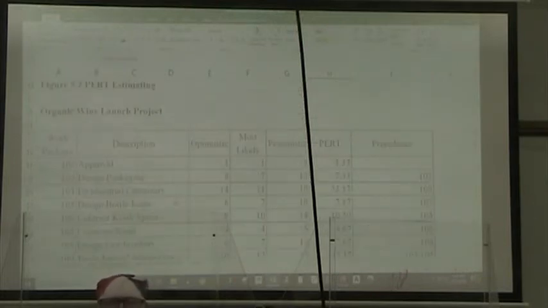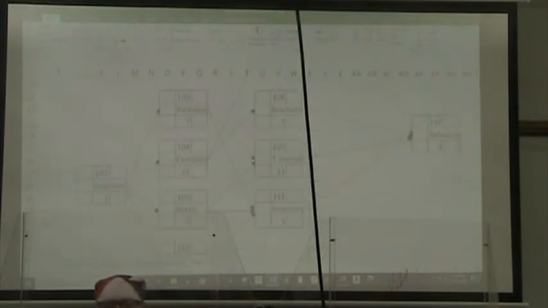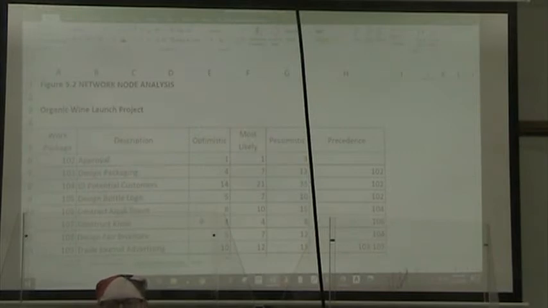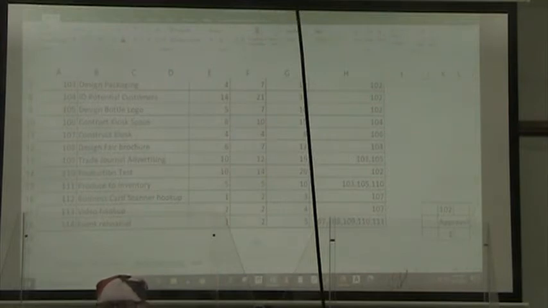All right, so having done that, I am going to switch over. Now I've used our same chart from 5.2 here for creating a network, right?